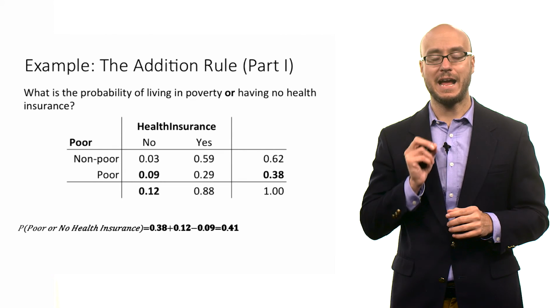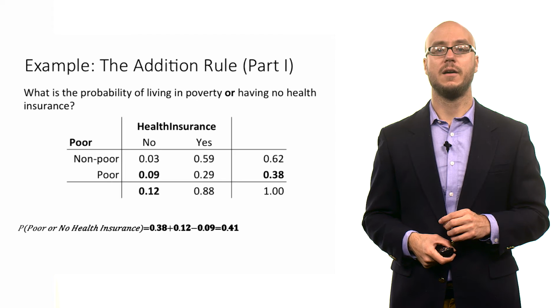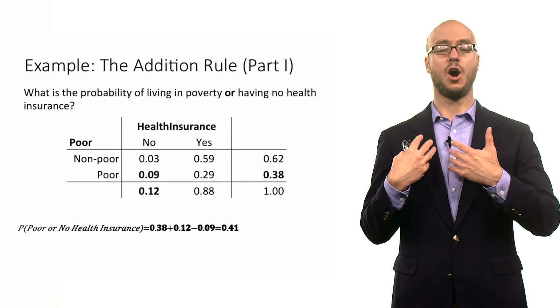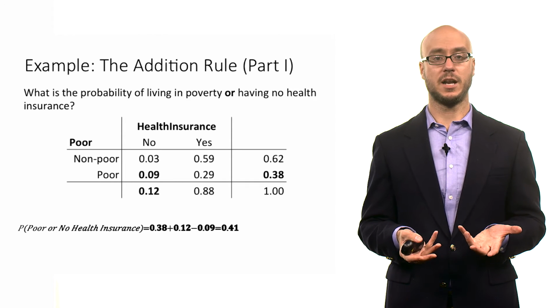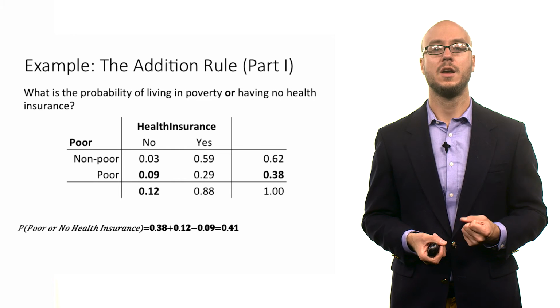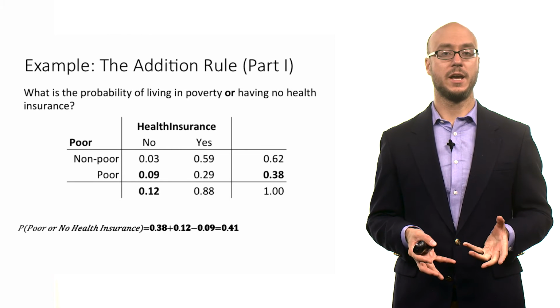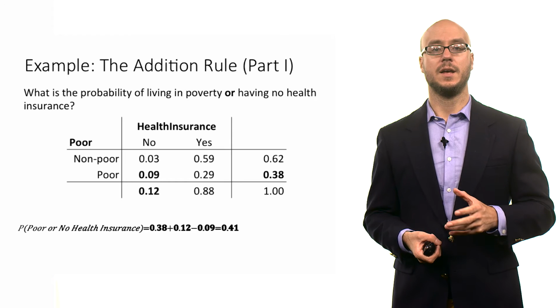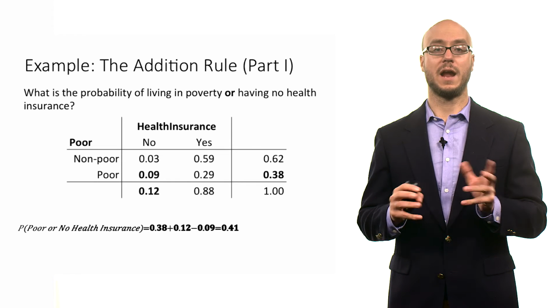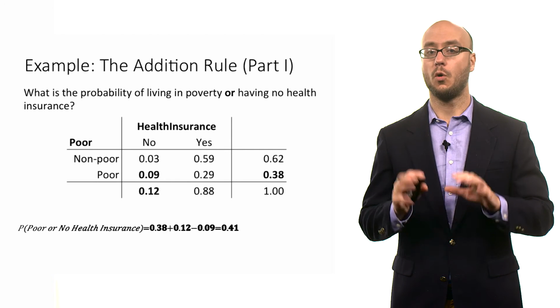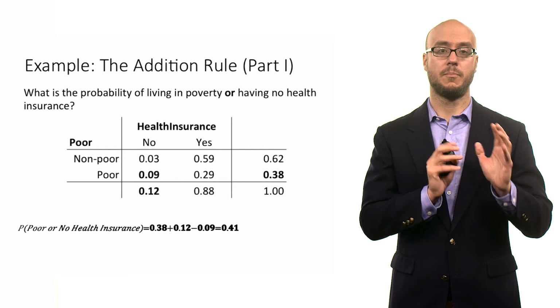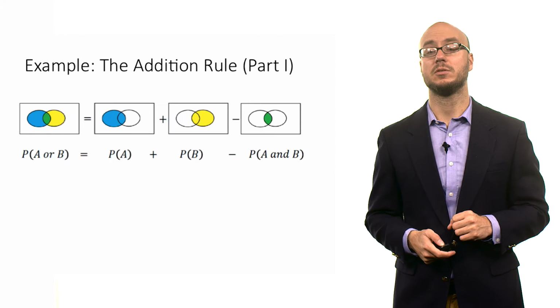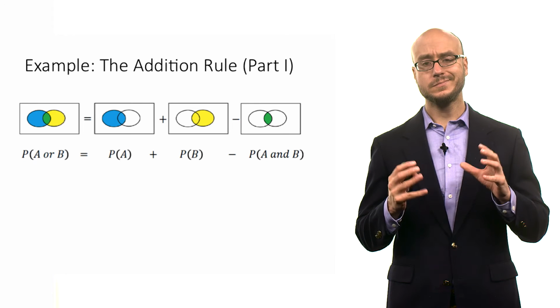So we have to subtract out that joint probability of 0.09, and we get this overall probability of being socioeconomically vulnerable of 0.41. To put it another way, the probability of being poor or having no health insurance or having both poverty and no health insurance is 0.41.